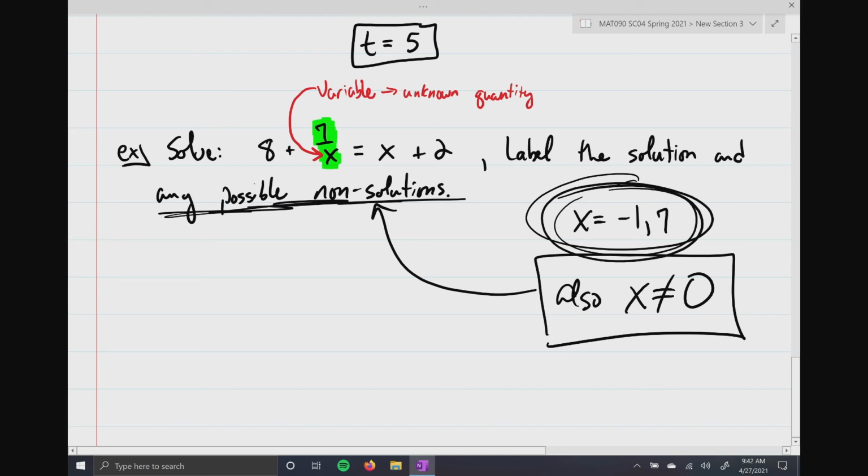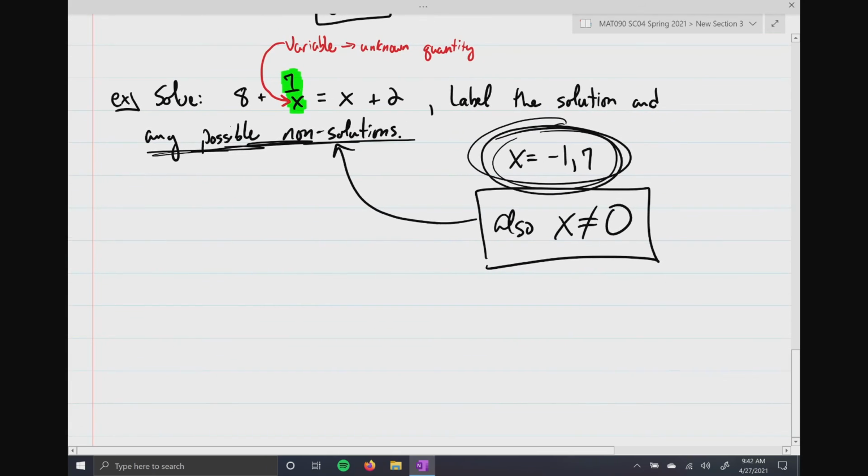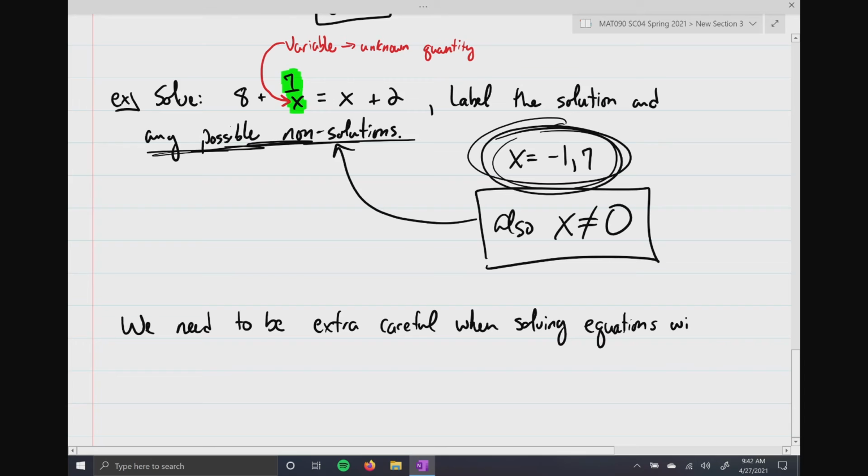So, you've got to be really careful when you are solving rational expression equations. And I'm going to write that down. We need to be extra careful when solving equations with variables in the denominator.